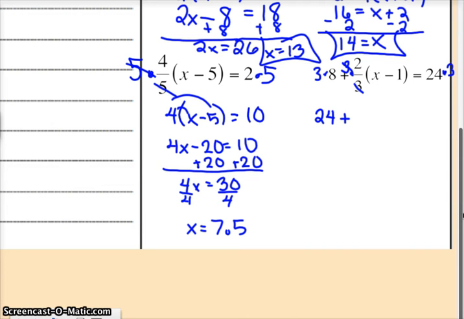I'm left with just the 2. And 24 times 3 would be 60 plus 12 is 72. Distribute. 24 plus 2x minus 2 equals 72.